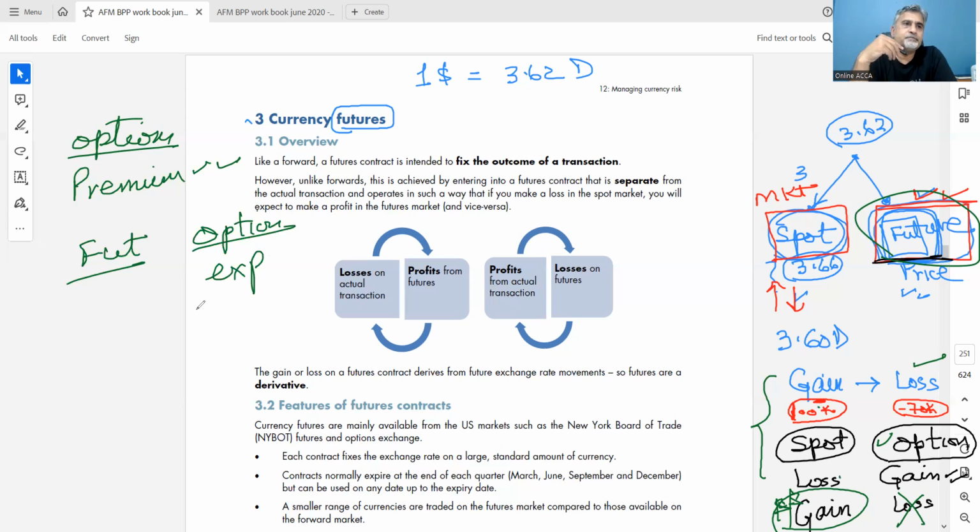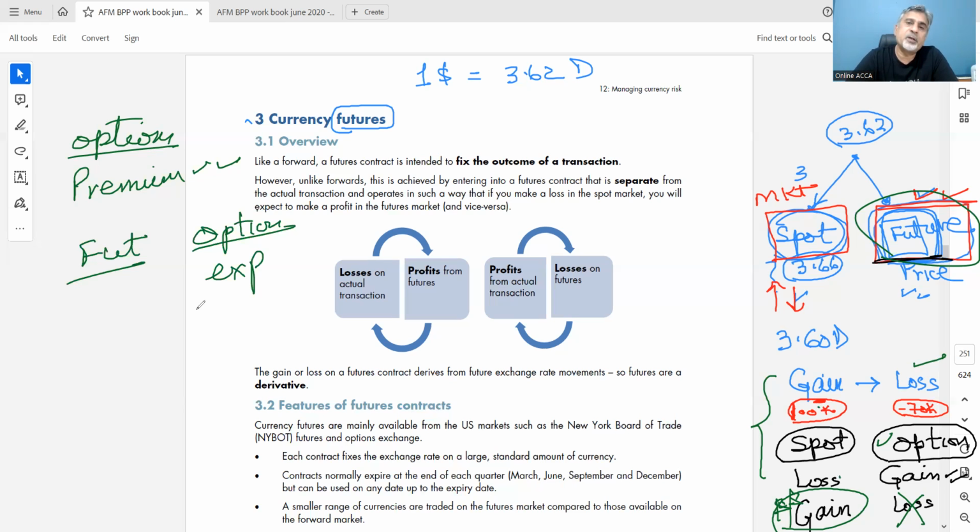You see, we are actually protecting ourselves from risk. Risk means something which is, okay, there is a basic concept of risk and uncertainty, by the way. If I go back from the very beginning, from zero.